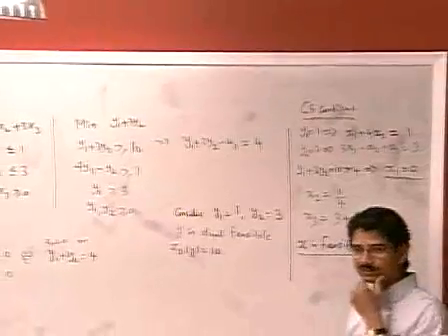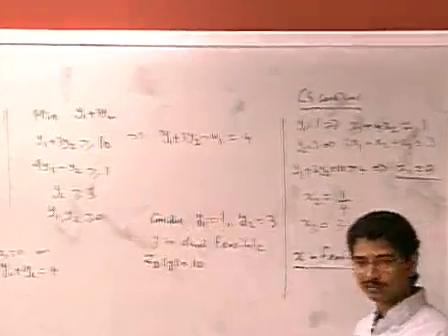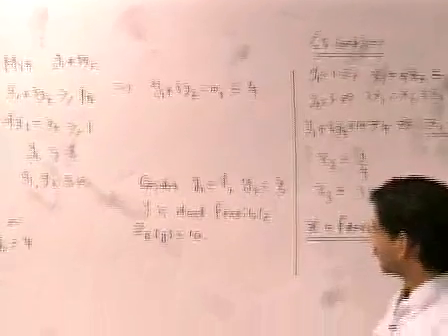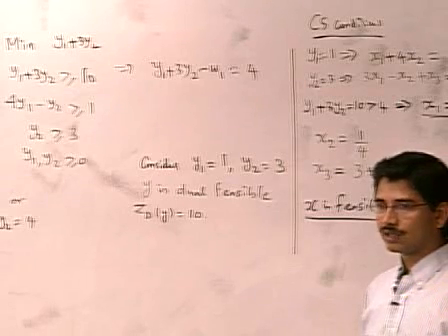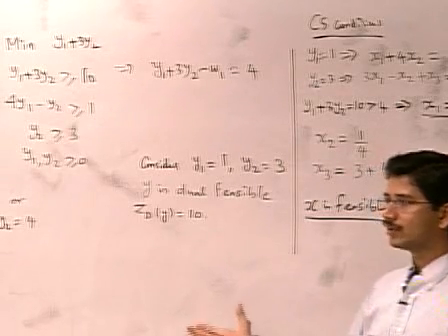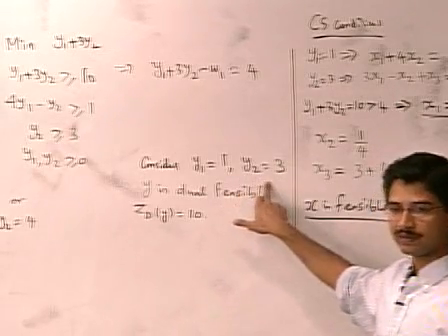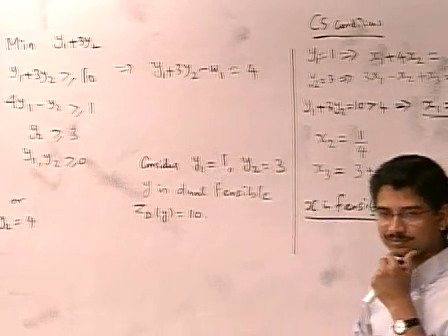Then what happens? Well, my y is still feasible for the dual. Knowing that for the previous problem this was an optimal solution, what is an optimal solution to the dual?